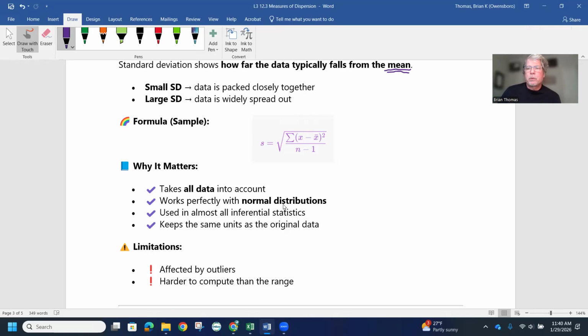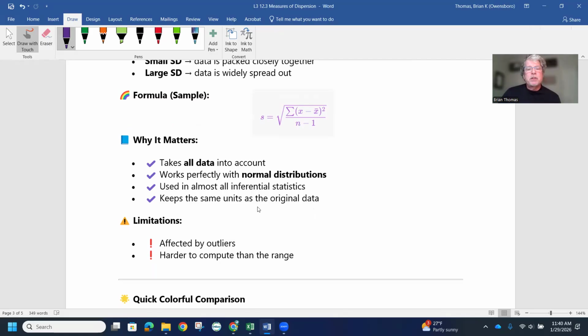And again, when we talk about formal statistics, inferential statistics, the standard deviation becomes very important. If you see a lot of data on the television, there's usually this plus or minus number. That plus or minus is usually from the mean, which means that's really our standard deviation, if you will, how far we're from the mean.